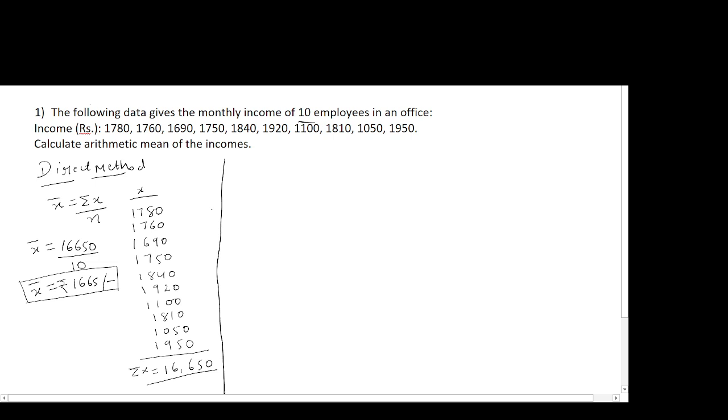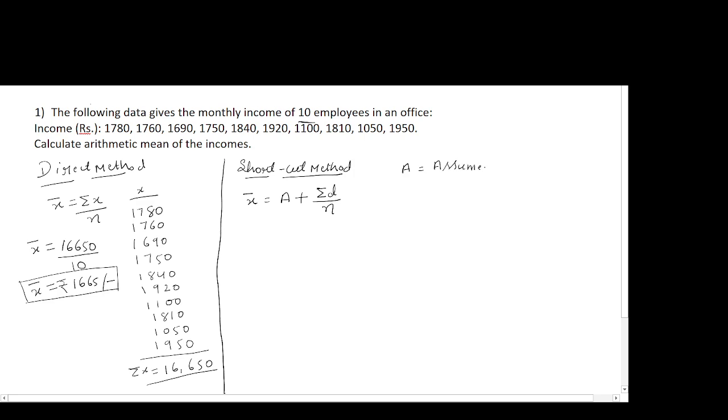Now the same example we will solve using shortcut method. So what is the formula for shortcut method to calculate mean? X bar is equal to capital A plus summation D divided by n, where A is equal to assumed mean.